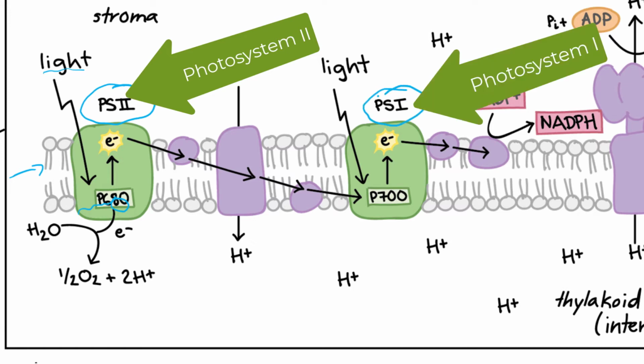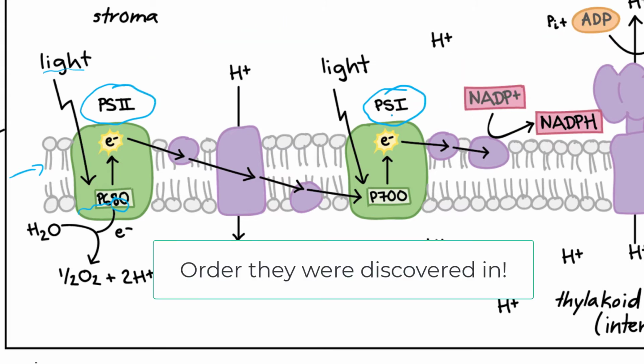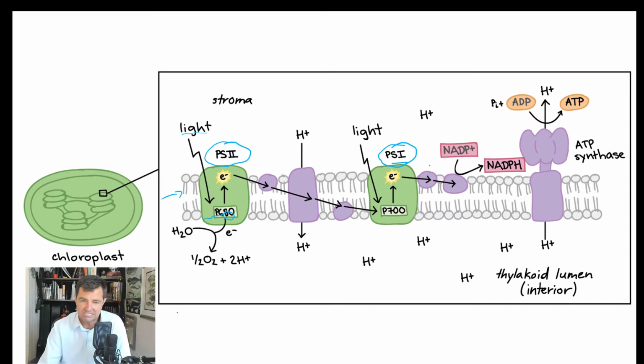So when we look at it, you would think, well, why isn't photosystem 1 over there on the other side, and then photosystem 2? Well, they're labeled this way because this is the order they were discovered. So photosystem 1 was discovered first, but in reality, to explain that whole system, you need to start with what happens over at photosystem 2. So we excite that energy from the sunlight.